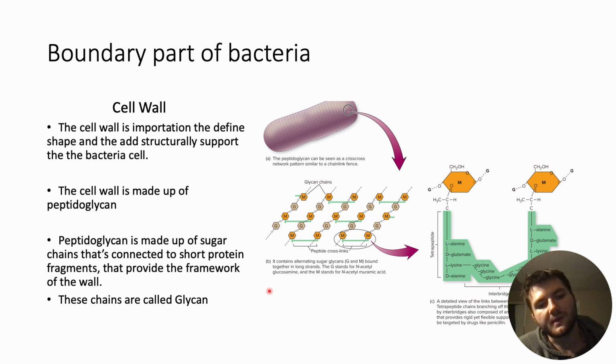The cell wall is made up of peptidoglycan. Peptidoglycan is made up of sugar chains connected to short protein fragments that provide the framework of the cell. These chains are called glycan. I added that picture from the textbook, and this shows the glycan chains and how the cell is made up. I just thought that was kind of neat.